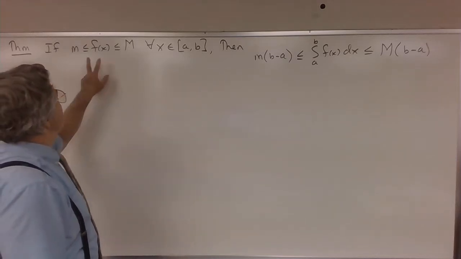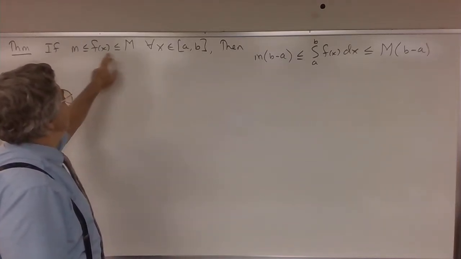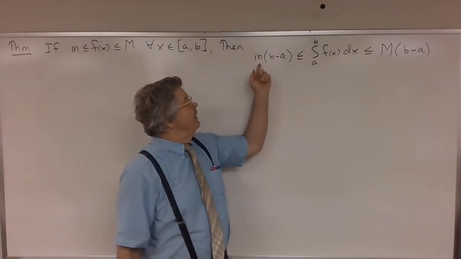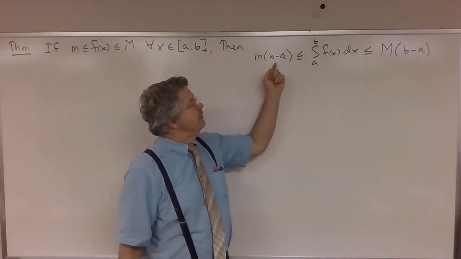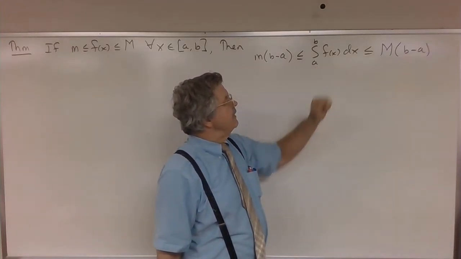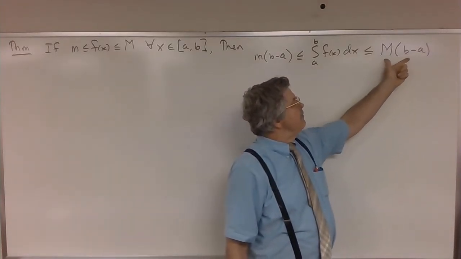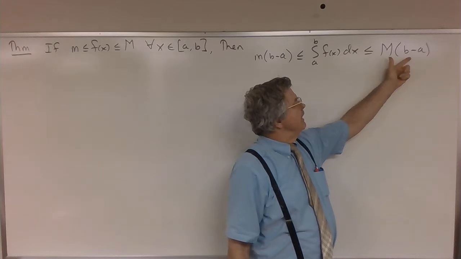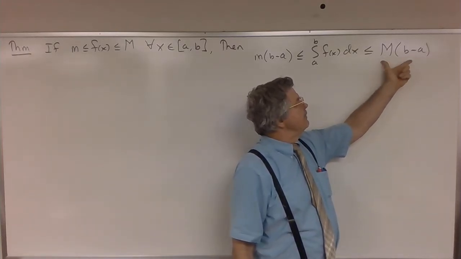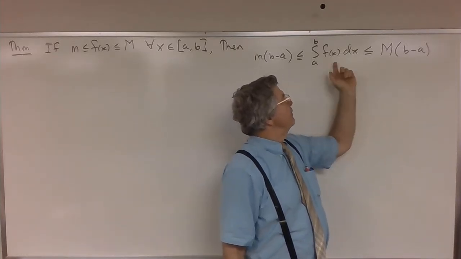So if the value of f of x is bounded below and bounded above, then the lower bound times the length of the interval is less than the integral of f of x. The upper bound of f of x times the length of the interval is greater than the integral of f of x.